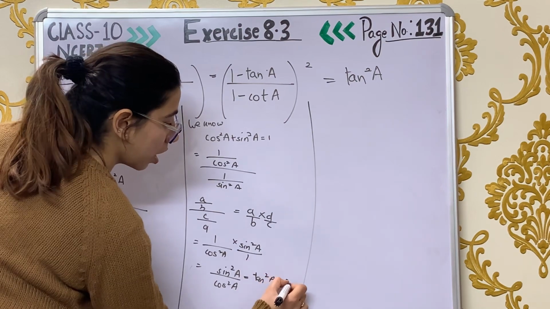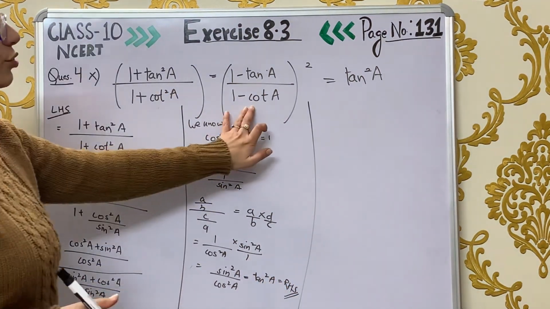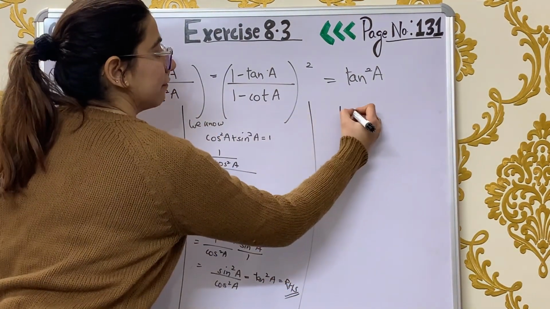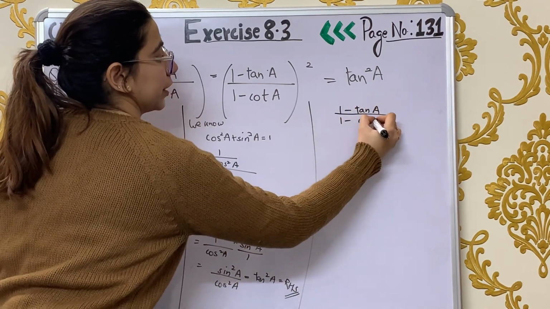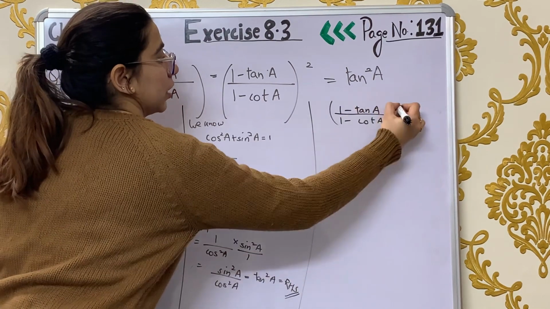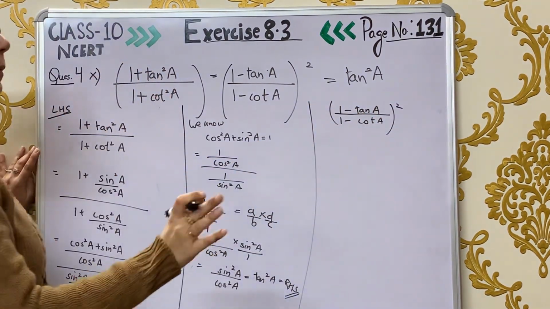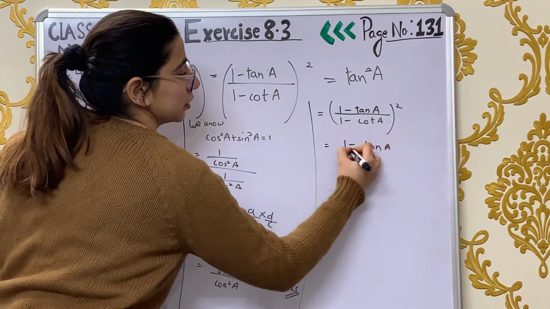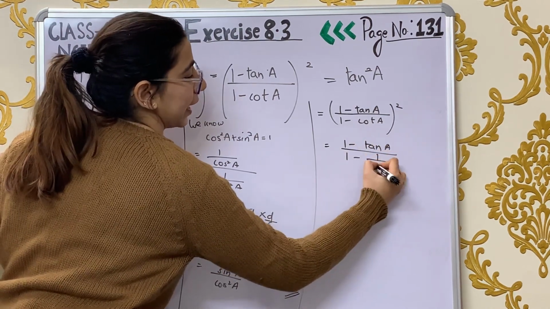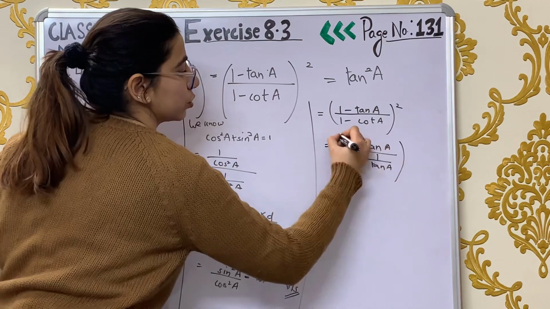Moving on to this, we have (1 minus tan A upon 1 minus cot A) whole square. Now I can write cot A as 1 by tan A. So it's going to be (1 minus tan A by 1 minus 1 by tan A) whole square.